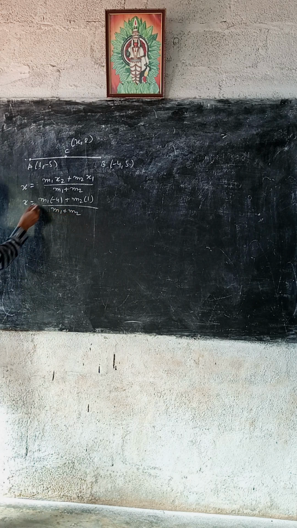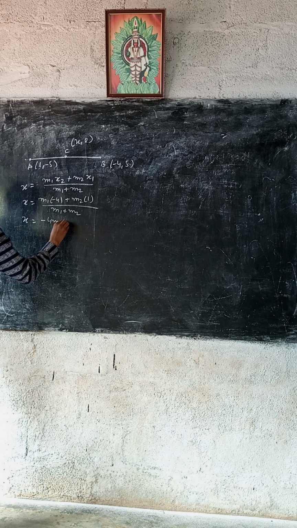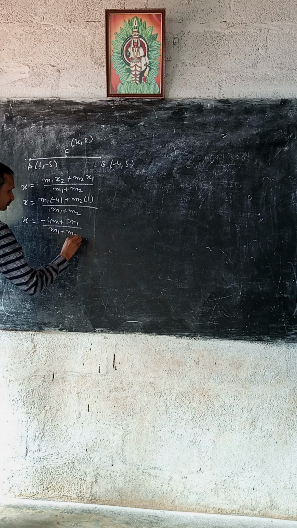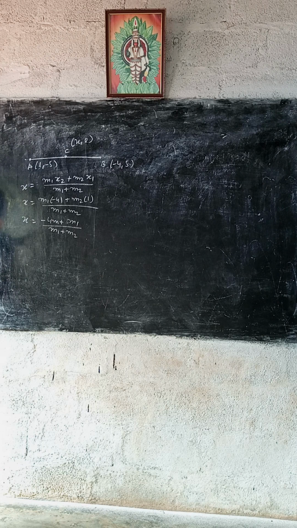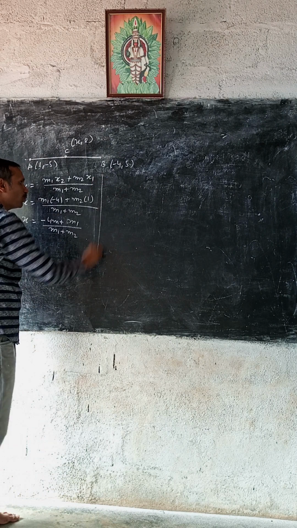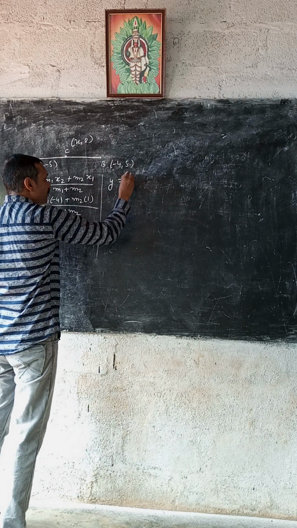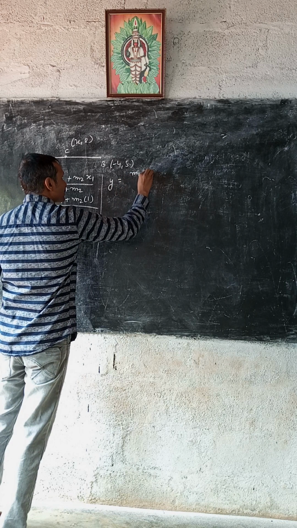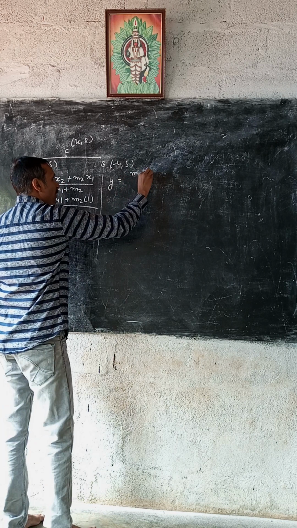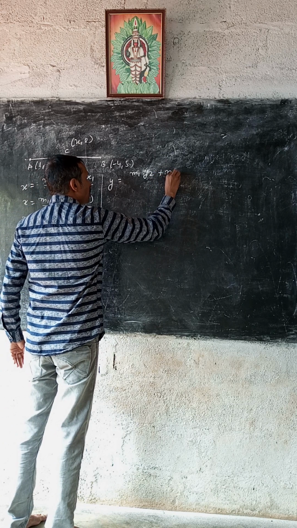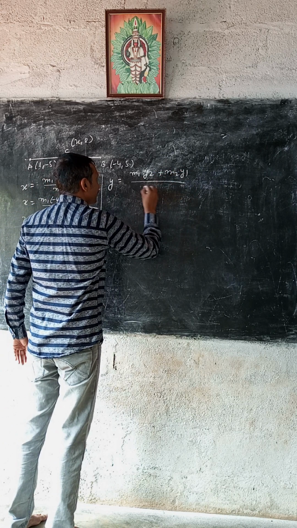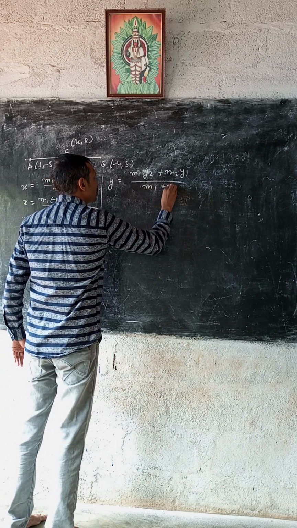Now we can write this way: x is equal to minus 4m1 plus m2 by m1 plus m2. Now we go to the y coordinate. y is equal to m1 y2 plus m2 y1 by m1 plus m2.